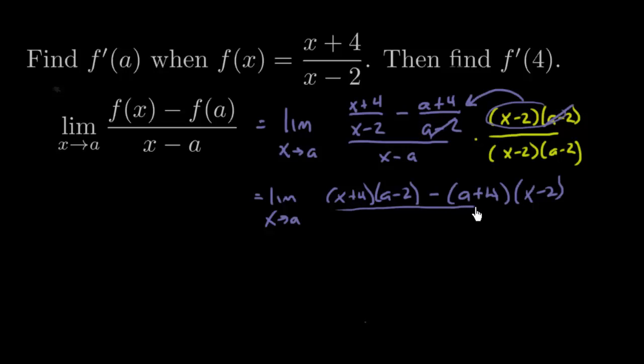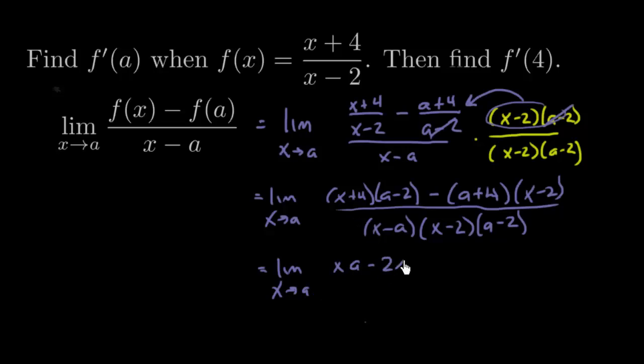And on the bottom, we're still going to have the x minus a, and then the x minus 2, and the a minus 2. So now what we're going to do is FOIL out these two and FOIL out these. So the limit as x approaches a. Now this is going to give me xa minus 2x plus 4a minus 8.